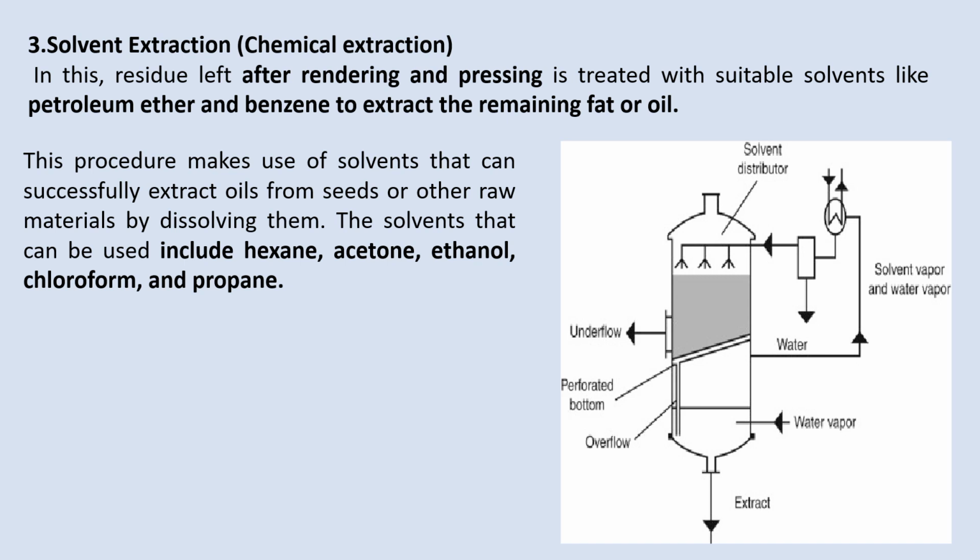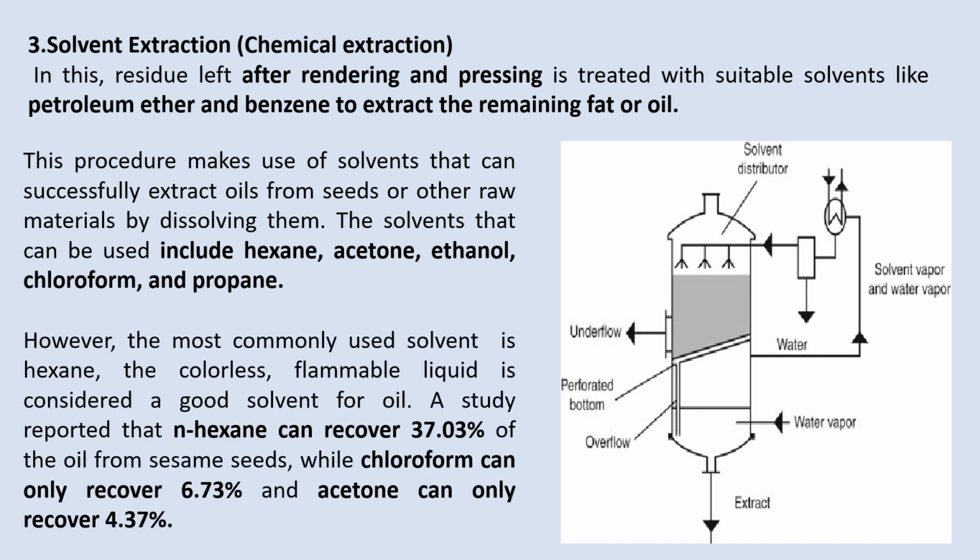This procedure uses a solvent that can successfully extract oil from seeds or other raw material by dissolving it. The solvents that can be used include hexane, acetone, ethanol, chloroform, and propane. However, the most commonly used solvent is hexane. It is a colorless flammable liquid and is considered a good solvent for oil.